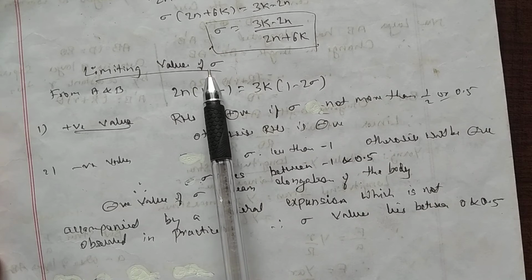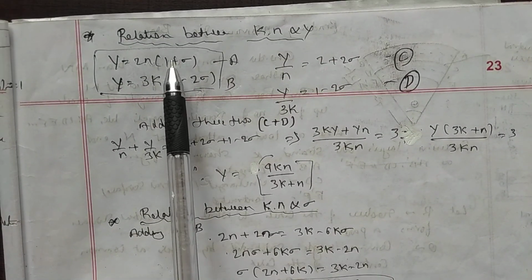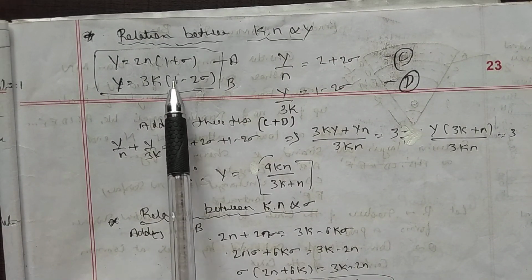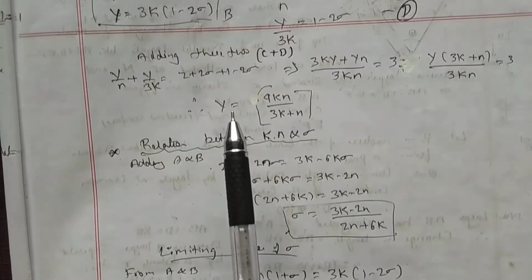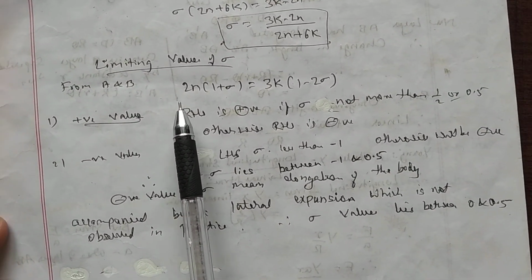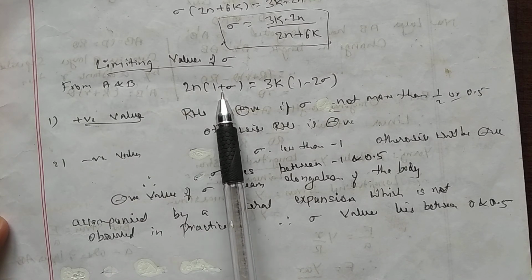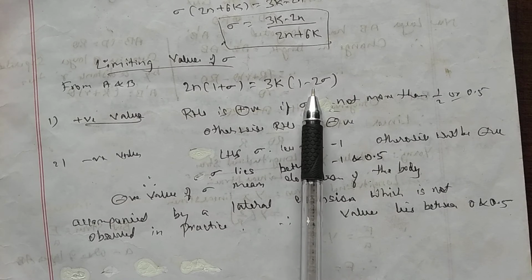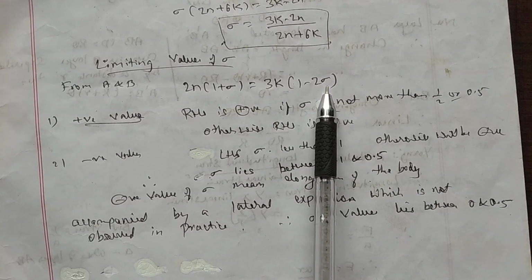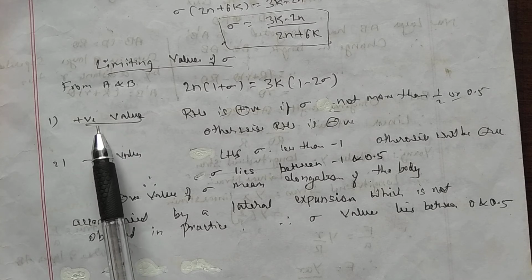Now the limiting value of sigma. From A and B, the RHS of these two we are going to equate. That is 2n into bracket 1 plus sigma is equal to 3K into 1 minus 2 sigma. Now the value of sigma is going to be positive, we consider the positive value.